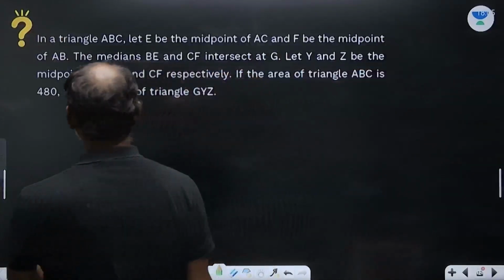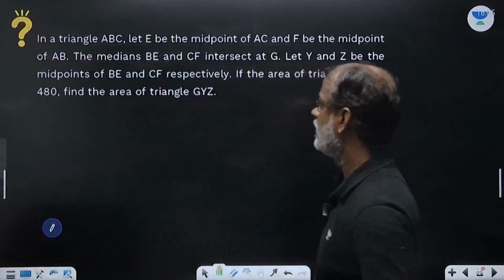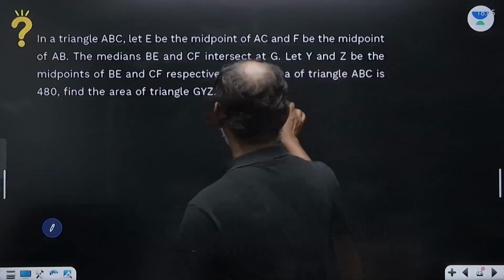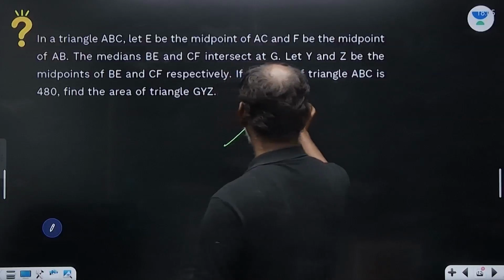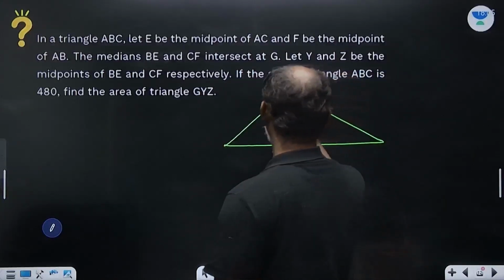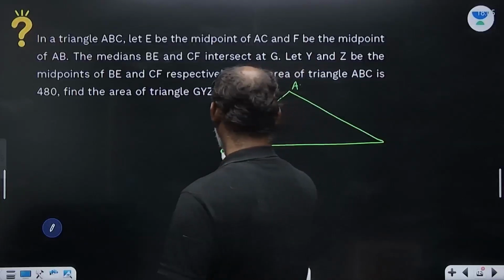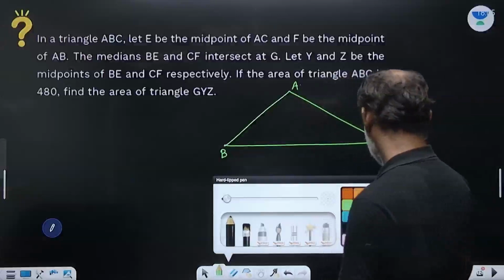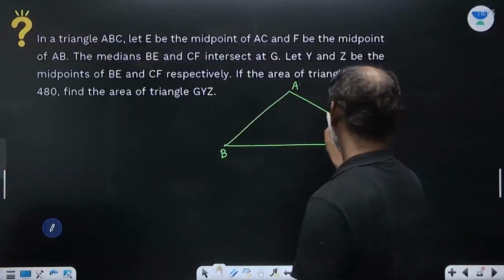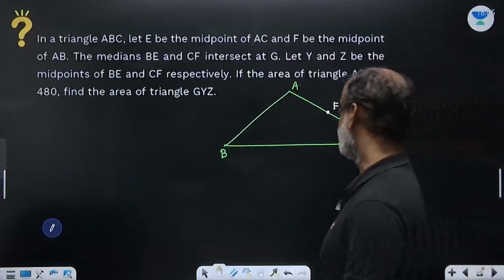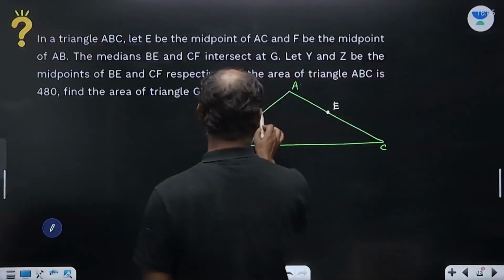Now the next question is, in a triangle ABC, let E be the midpoint of AC, and F be the midpoint of AB.